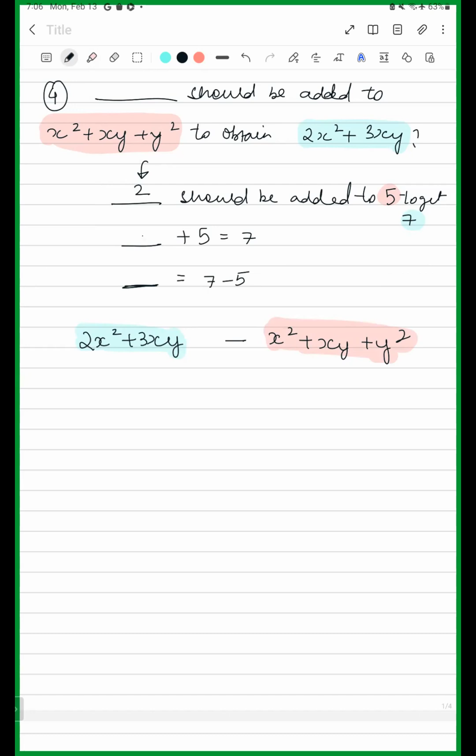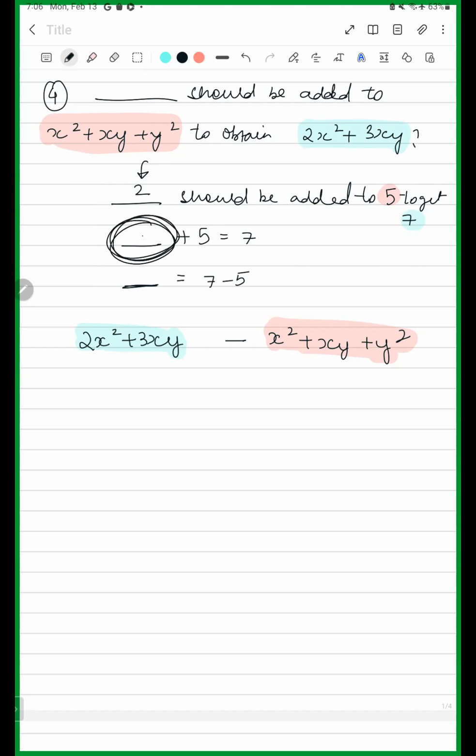Hiba, look here again, and listen very carefully. What is the question saying? Dash should be added to 5 to get 7. We are adding the dash to 5 and then we are getting 7. But how will you find that dash?